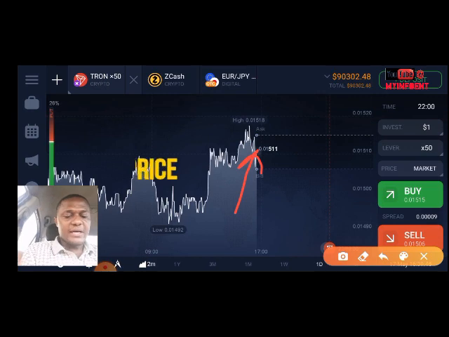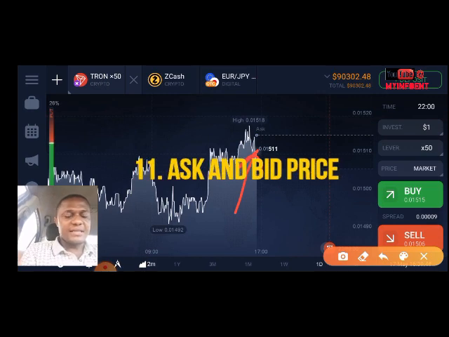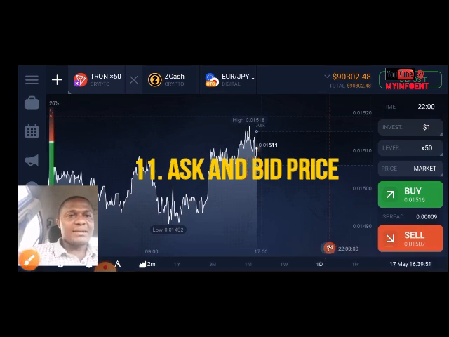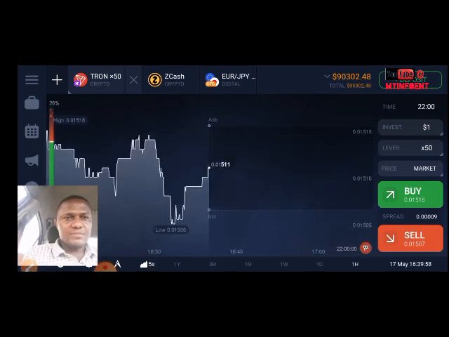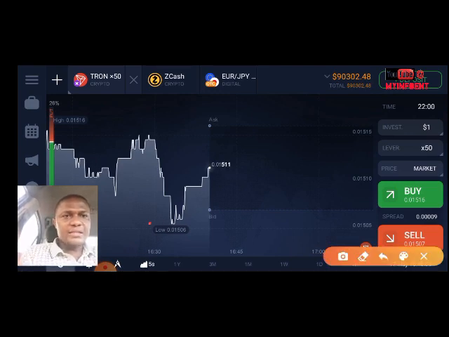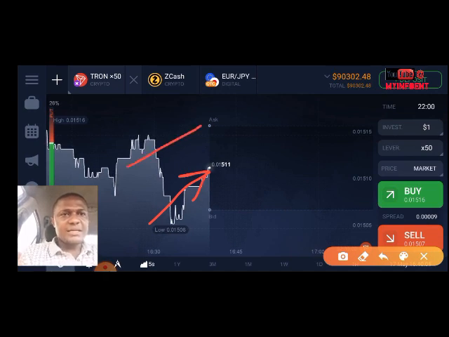The next one is ask and bid price. What is ask and bid price? Let me zoom this chart. If you look at this chart, you notice something. This is the current price of this asset, and this is the ask price.